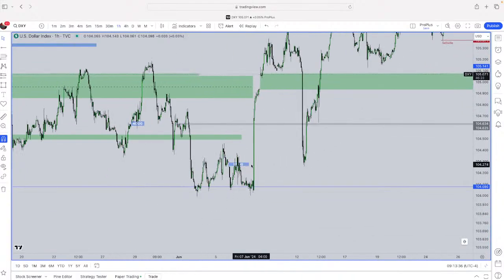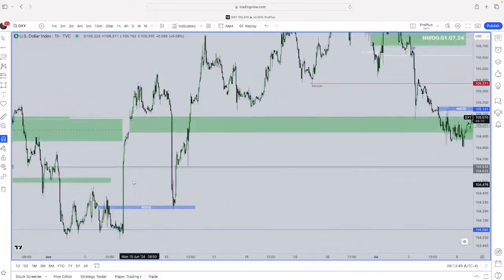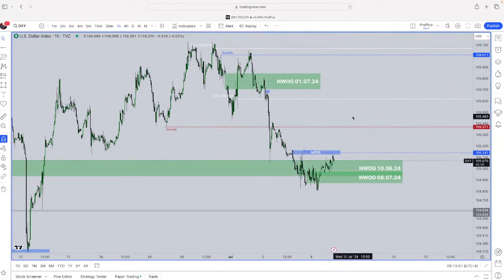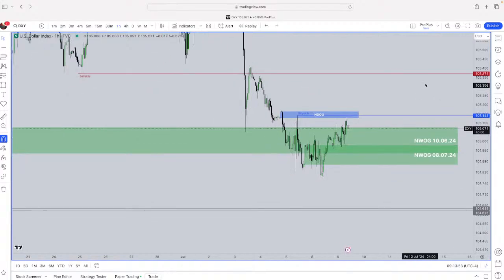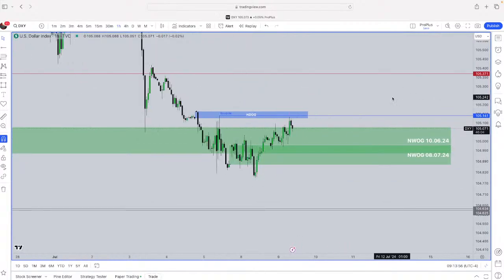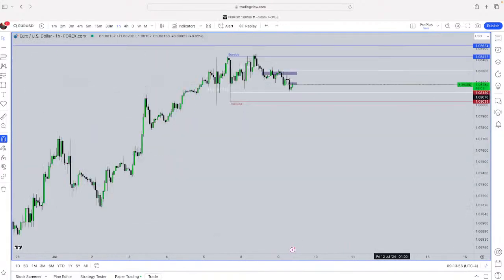Daily opening gap here, draw that across, look at that, runs all the way lower, looks like that's CPI, taps into it, runs up higher. That's why I always keep my weekly opening gaps and daily opening gaps on there. Even though it looks messy, it's just good to have it on there.